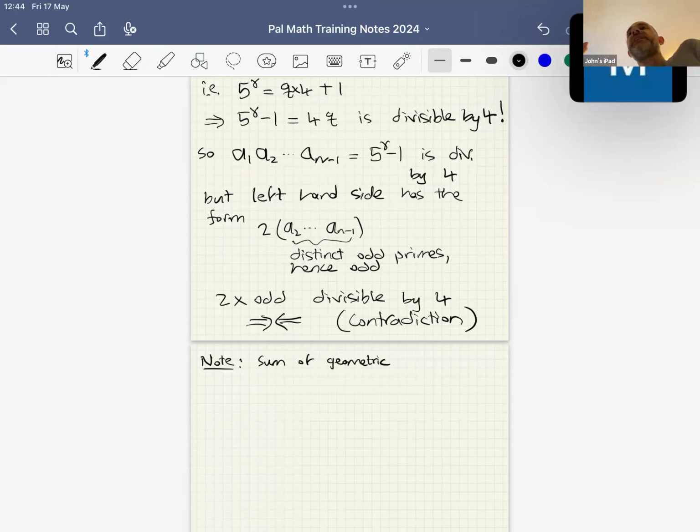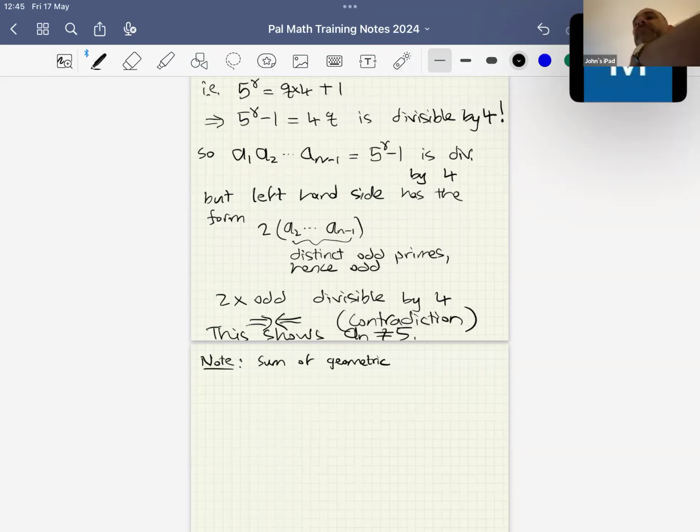You assume something, you use that assumption to prove something that's patently false, and then that proves that your original assumption must be incorrect. And the original assumption was that AN was 5. So this shows that AN is in fact not equal to 5.